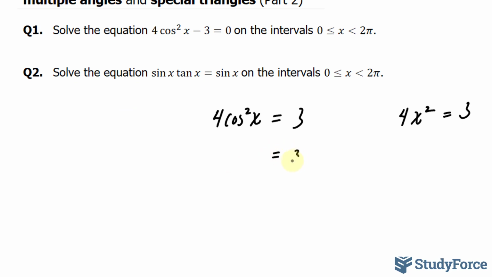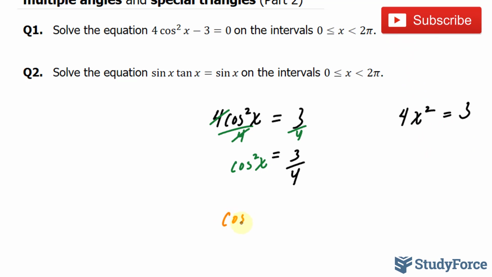We have 3 over 4. I'm dividing both sides by 4, which gets rid of the 4 on the left side. This leaves us with cosine squared x on the left side. Now we take the square root of both sides. If we do that, we end up with cosine x is equal to the square root of 3 over 4.